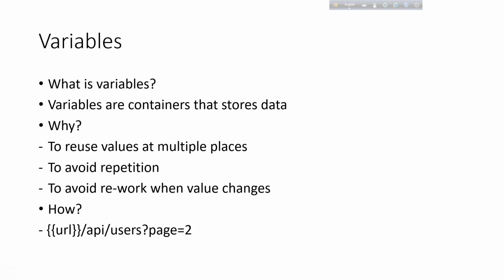And we have also seen variables. A variable is nothing but a container where we can store our data or information. Why? So that we can reuse the values at multiple places, multiple times, to avoid repetition and tiresome rework when a value changes.